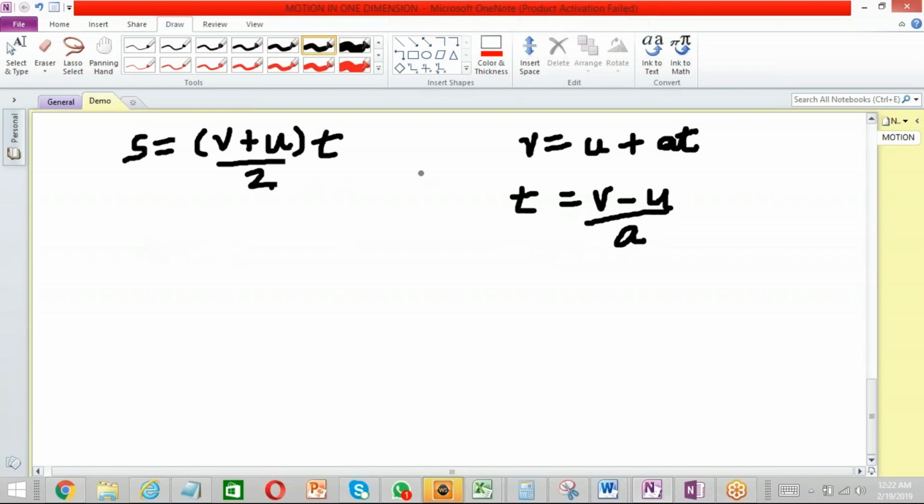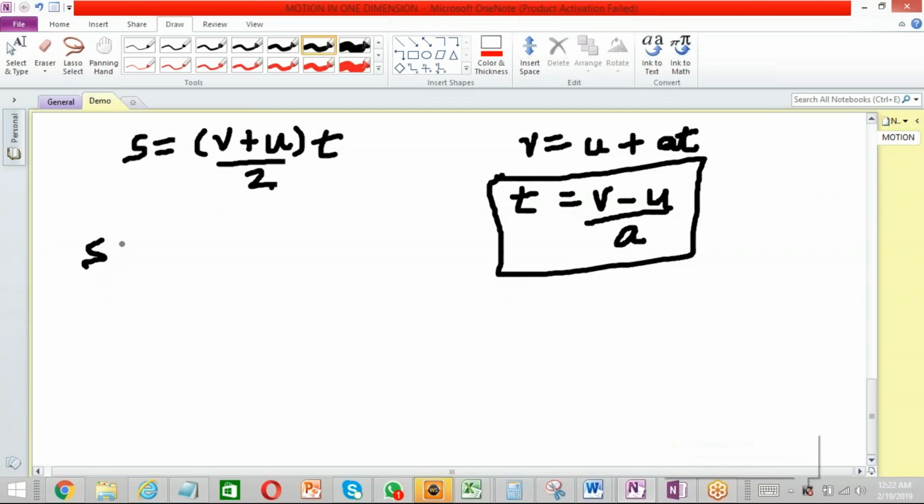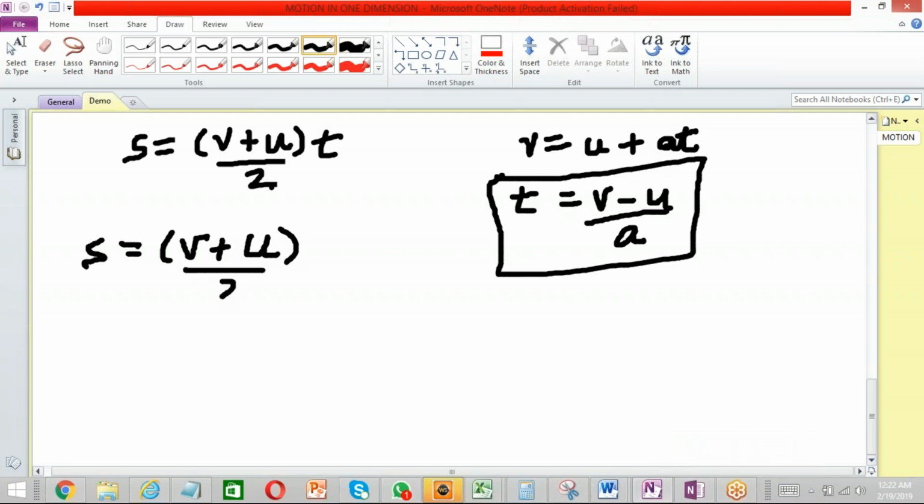Now let's put this value of t that we have achieved over here. We can put it as s equals v plus u upon 2 into v minus u upon a. We have just put the value of t from this particular equation.